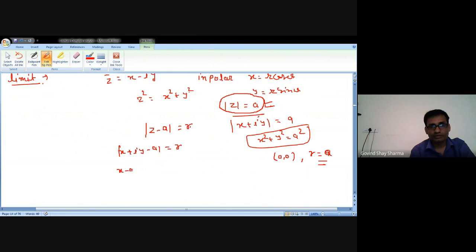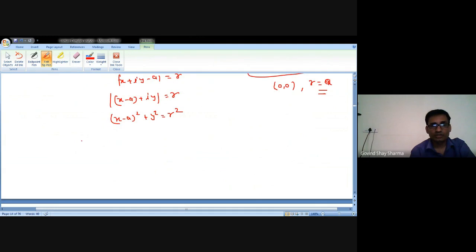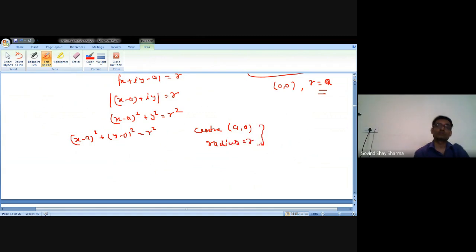So x minus a whole square plus y square is equal to r square. This equation can also be written as (x minus a) square plus (y minus 0) square equals r square. The center becomes (a, 0) and the radius becomes r. So this is the equation of a circle.